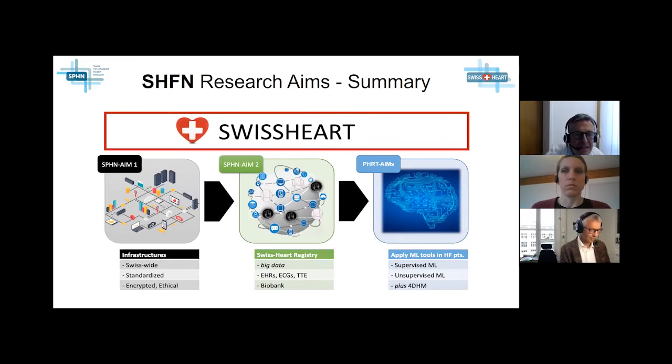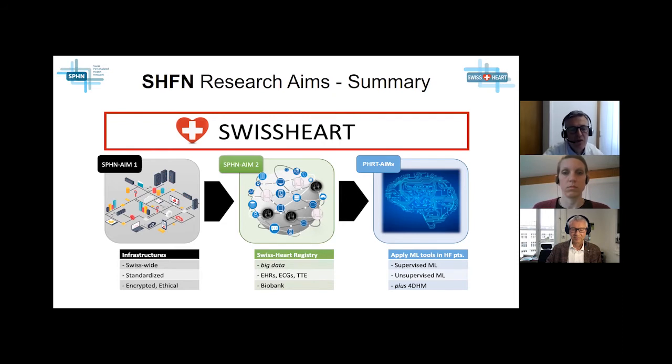That was the basis for creating our Swiss Heart Failure Network, where we have the following key research aims. As part of aim 1, that is part of SPHN, we want to build infrastructures. That has to be done in a Swiss-wide fashion, has to be standardized, and following the ethical and legal standards with the identification. Antje will specify that more later on.